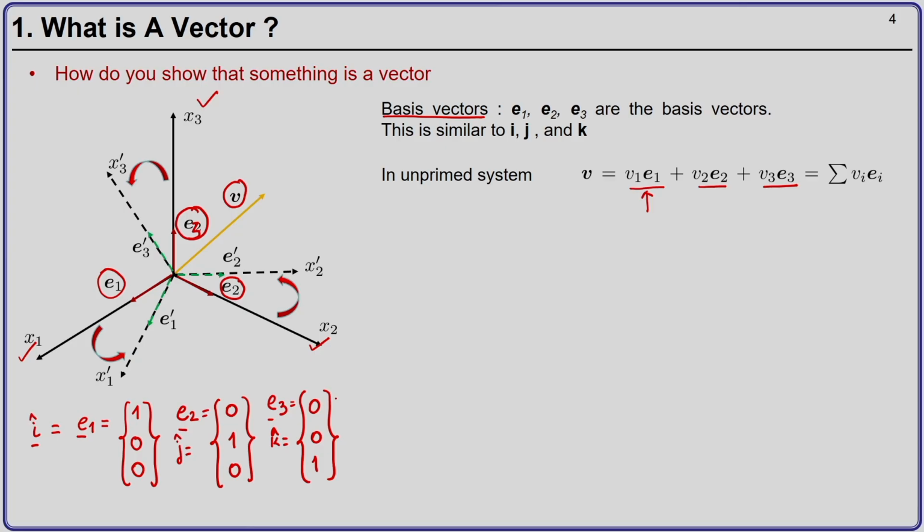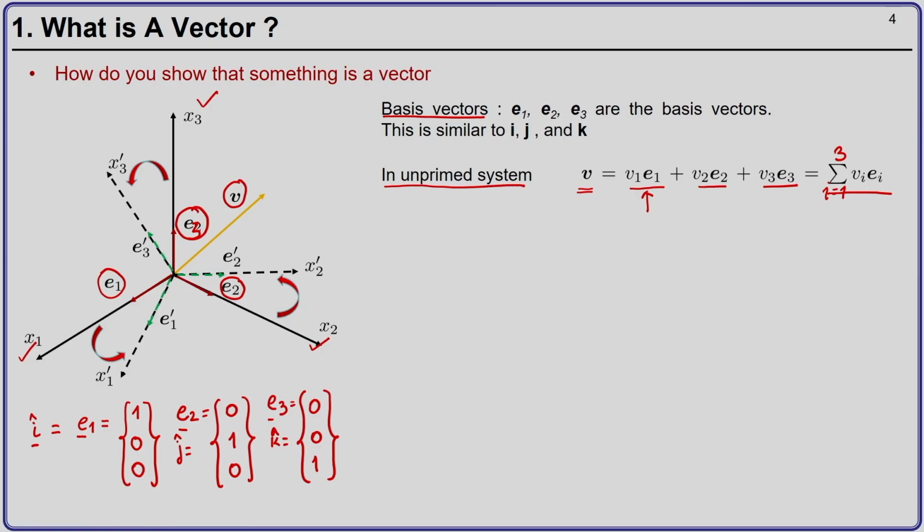So, the complete vector becomes the sum of these three vectors along the x1, x2, x3 directions. In short, you can write the summation of v_i e_i, where i goes from 1 to 3. This is what we call the unprimed system.